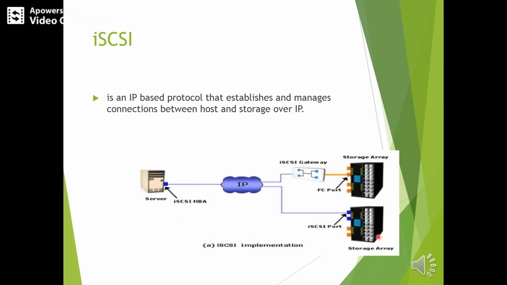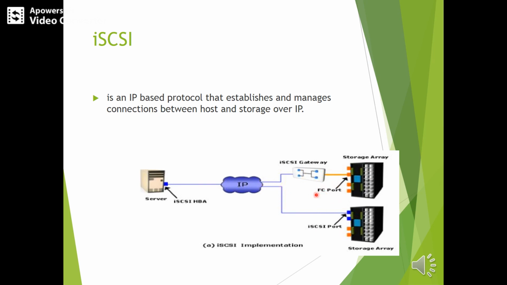In iSCSI implementations, we can make use of iSCSI ports which are plugged into the storage array. Also, we have an FC port which is located on another storage array. If you are using iSCSI ports, we can connect the port directly to the IP network.